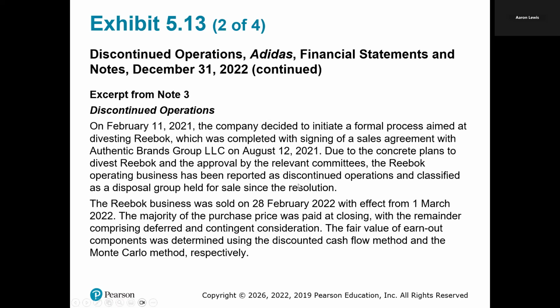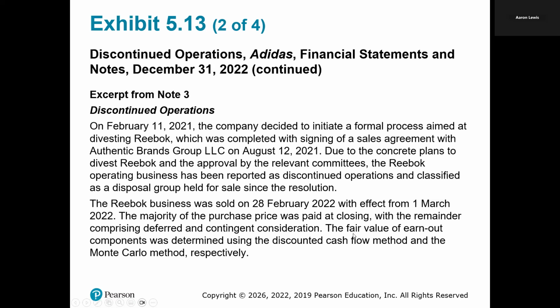They are reporting it as a discontinued operation, and it's currently held for sale until the sale of Reebok to somebody else or just getting rid of it is completed. And that was at the end of 2021 over here. And then in 2022, that's when it was sold. It went into effect on March 1st, and how they got paid for this, etc.